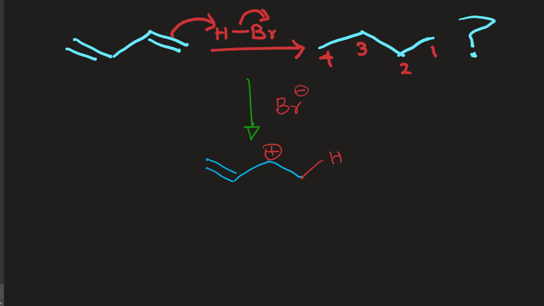In this case, you have to think the p orbital is empty. You can attack from the top or the bottom. So you will end up with the 2 enantiomers, right? Because you have a chance of attacking 50% top, 50% bottom. Therefore, you will have a racemic mixture in this case.